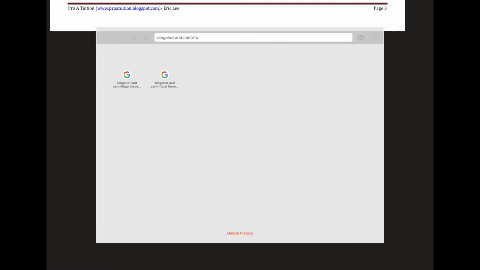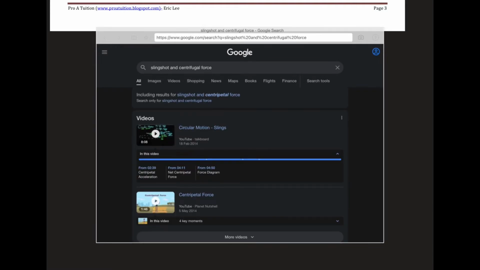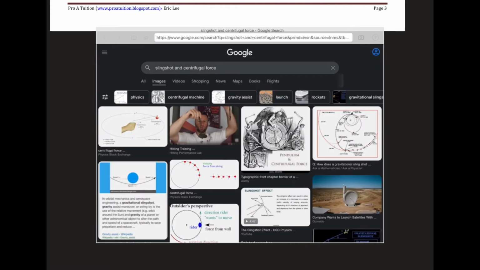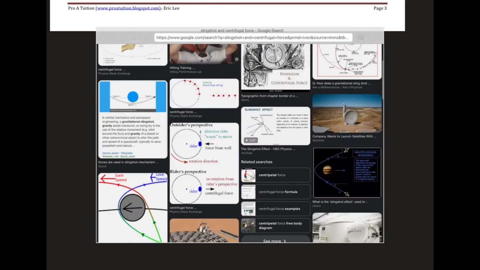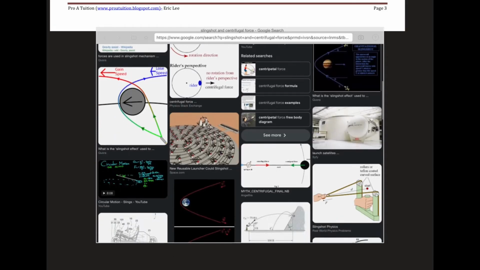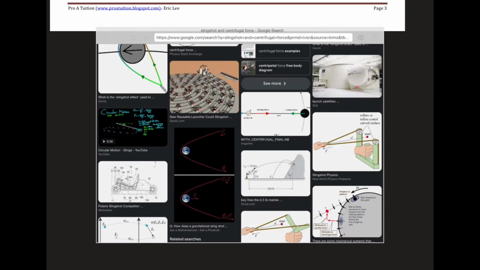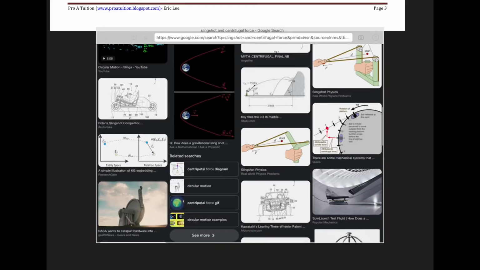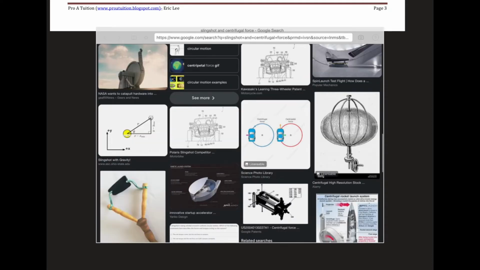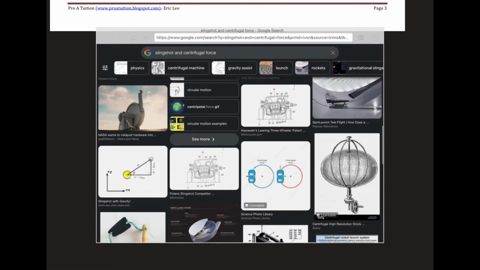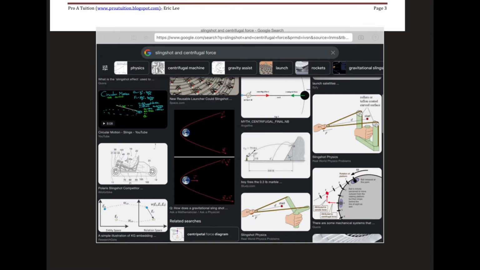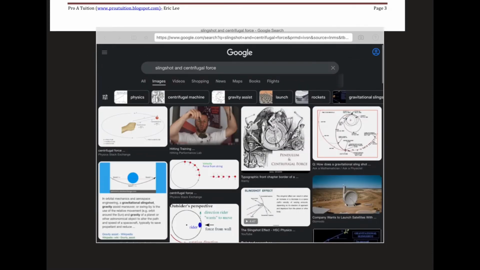Slingshot and centrifugal force. Okay, let's look at the image only. Okay, let's see. Okay, so none of the pictures are suitable.